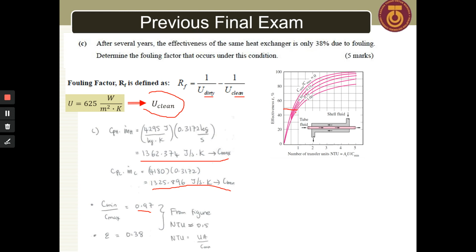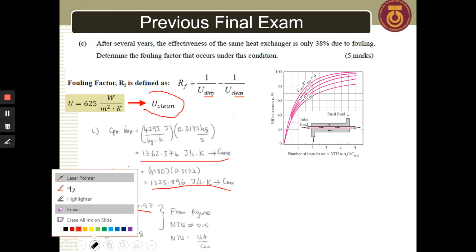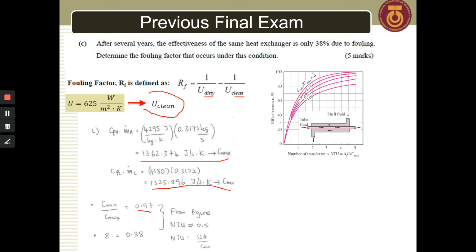Oh, no, I was wrong, sorry. It should not be here, right? 0.38 should be here, somewhere here. Therefore, I get about 0.5.